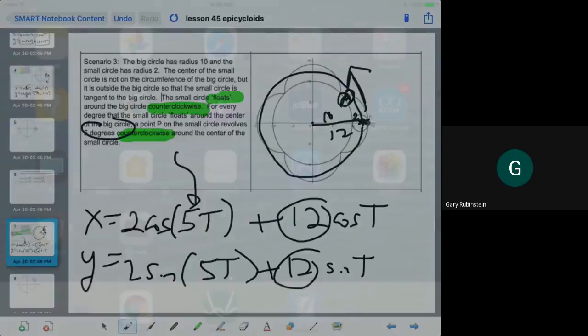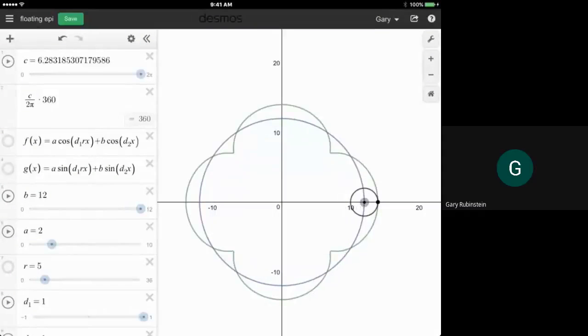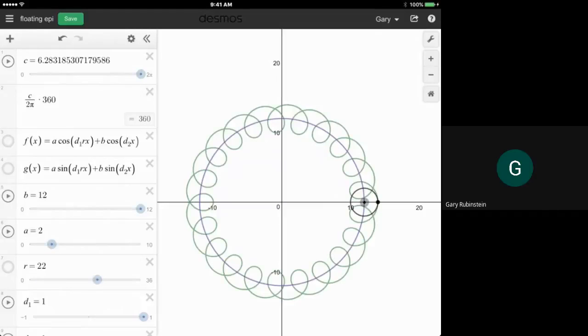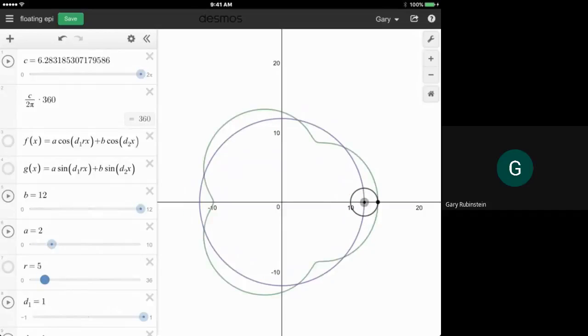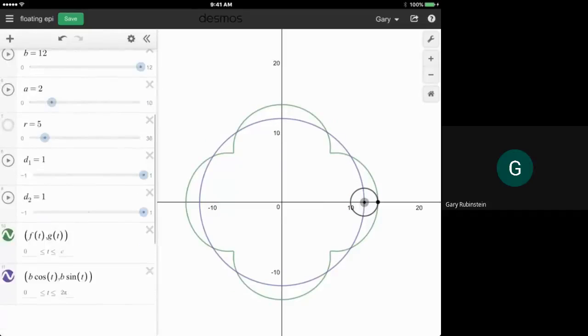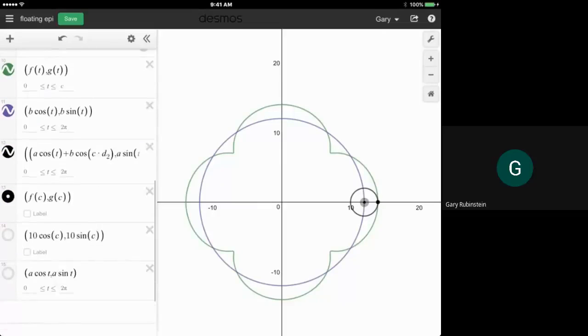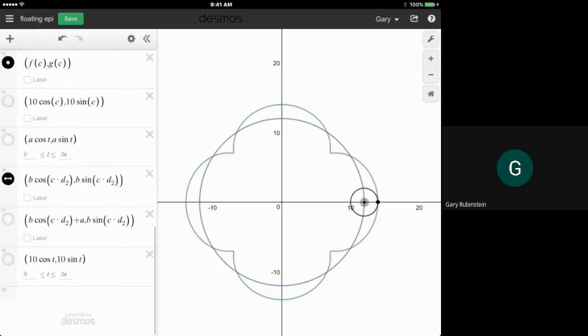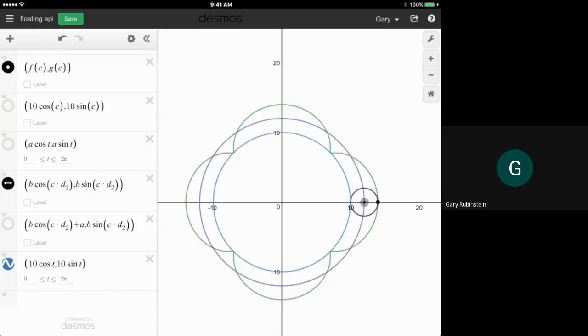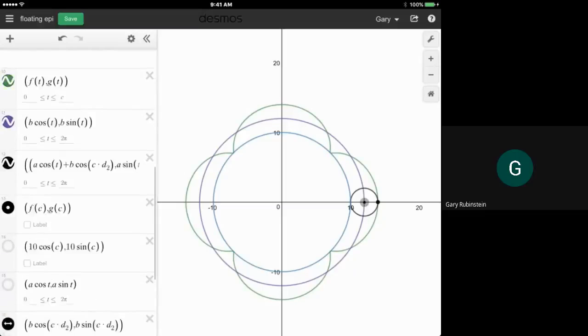I think I actually have this one here. So if I change B to 12, and change R to 5, okay, so that smaller blue circle is the circle with radius 10, and the other blue circle is the one with radius 12.